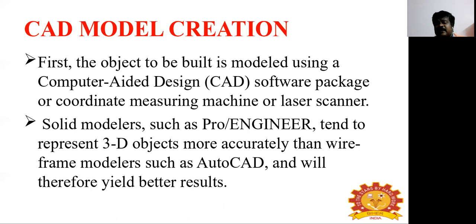Here it will yield good, efficient or better results. So in our first step, CAD model creation, first the object which we are going to build, we will need to model, using the CAD software package or our CMM, or even the laser scanner.